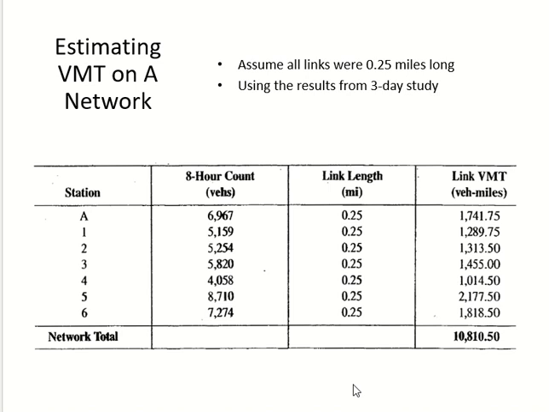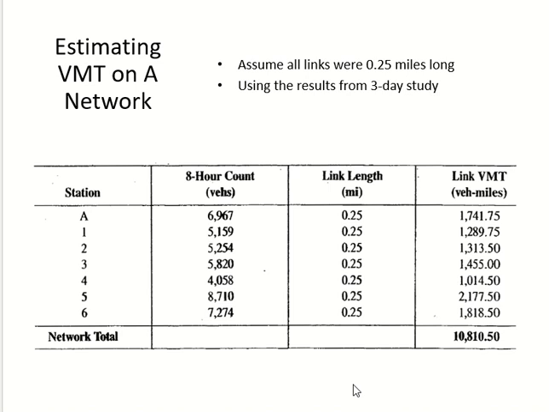Now the volume is for how many hours? 8 hours. And what about the last example? 12 hours. So that means if I am multiplying volume for VMT, then VMT can also have a different number of hours.